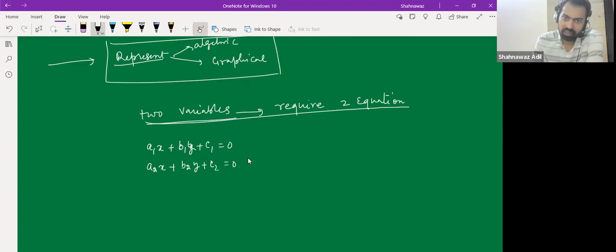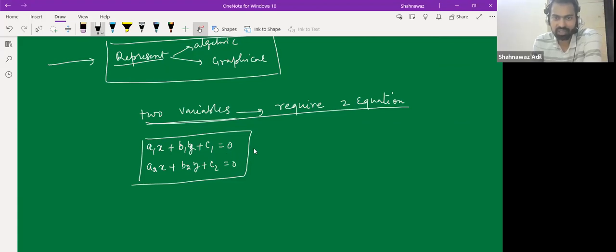So you see that it has two variables, x and y, and it has different coefficients. So these are two different linear equations, right? So these are a pair of linear equations in two variables.